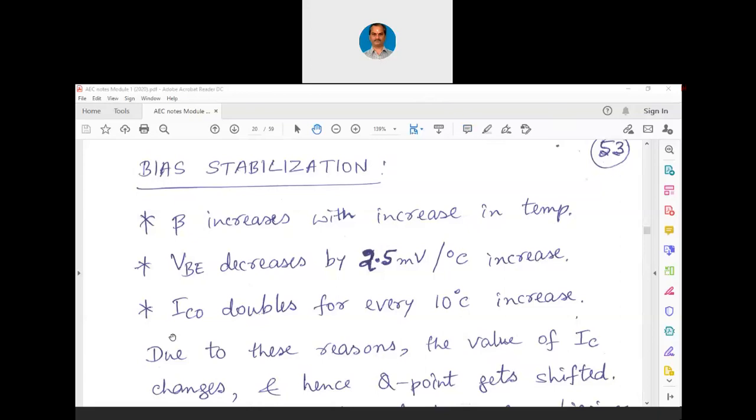So that is how, when reverse saturation current doubles for every 10 degrees centigrade increase in temperature, beta also increases with increase in temperature. And then, as I told you yesterday, VBE reduces when the temperature increases. Why? The PN junction is basically a non-linear material.